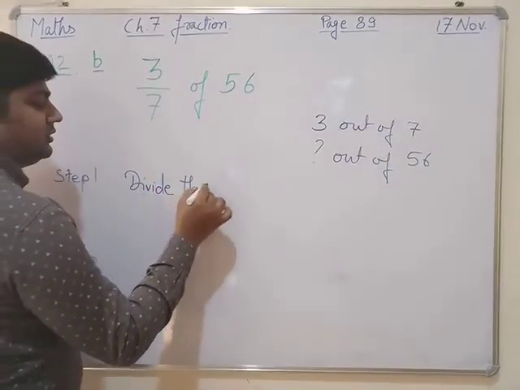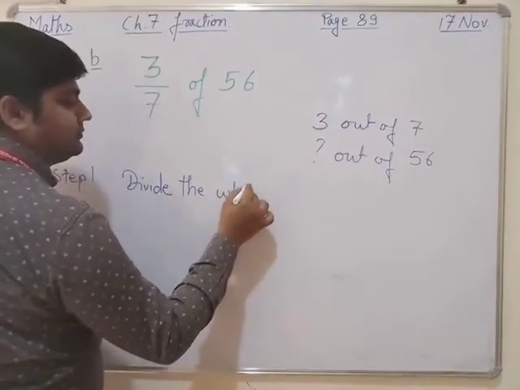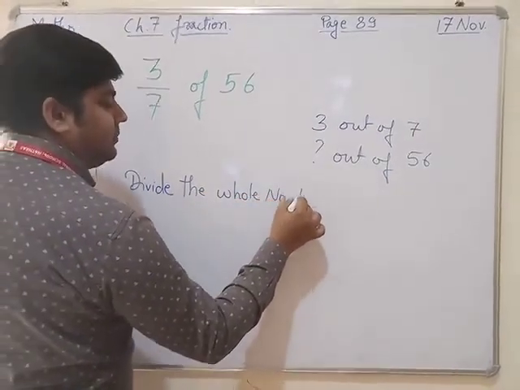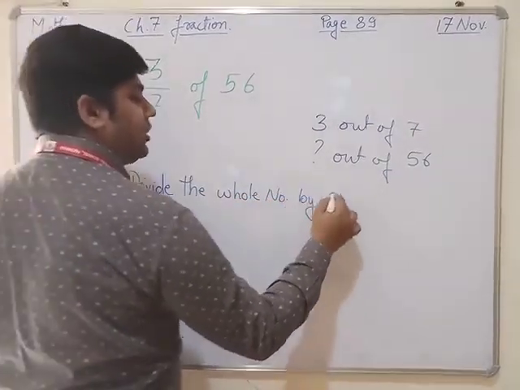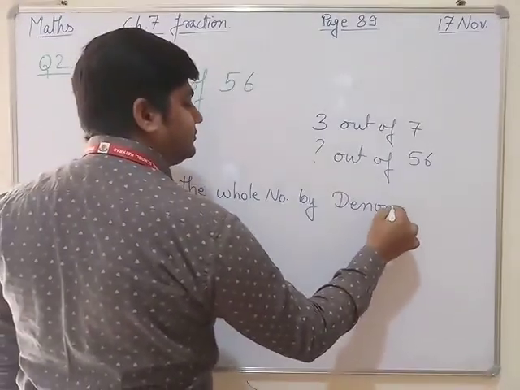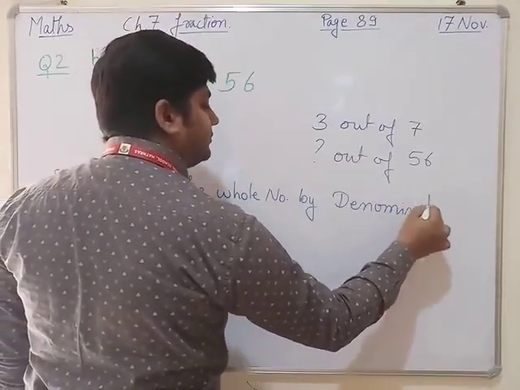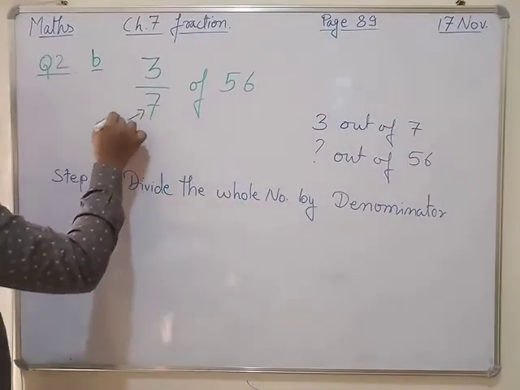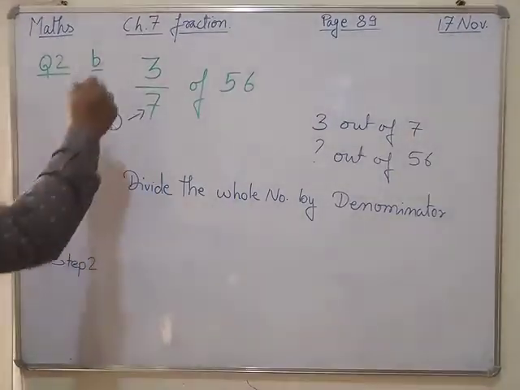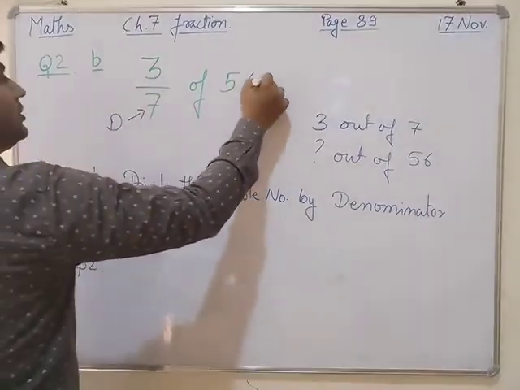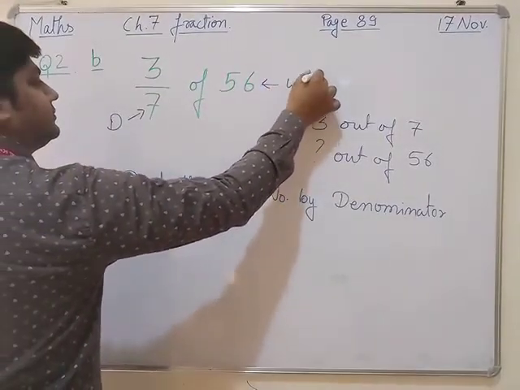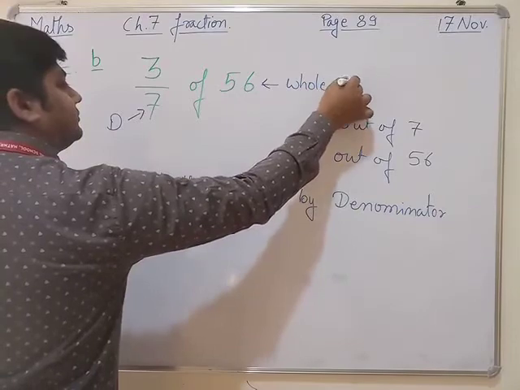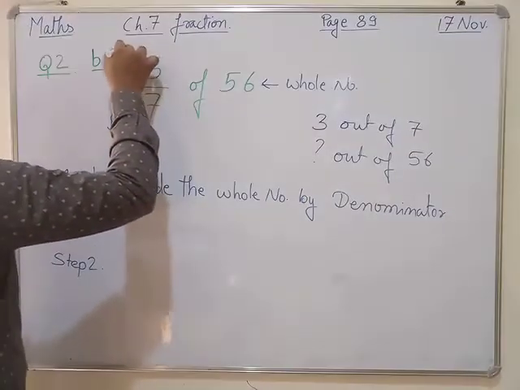the whole number by denominator. Sir, what is denominator here? This is denominator जो नीचे लिखा हुआ है total collection. This is whole number and this is numerator.